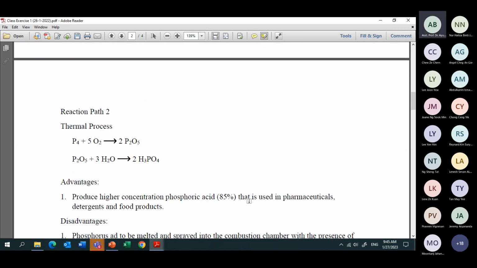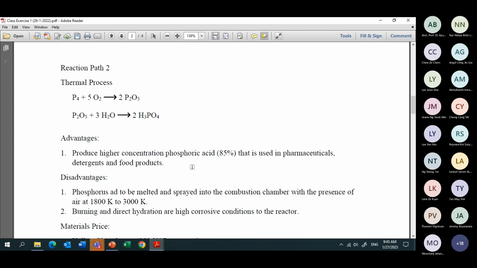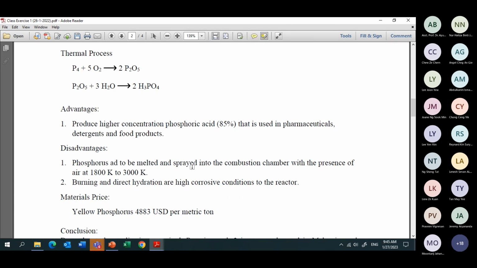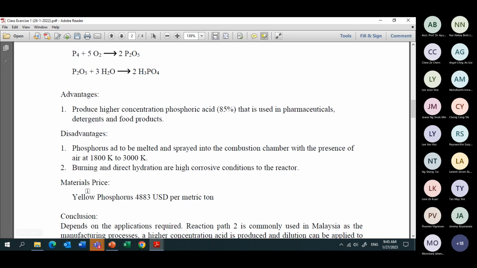The next one is thermal process. Okay, this as well the product price.